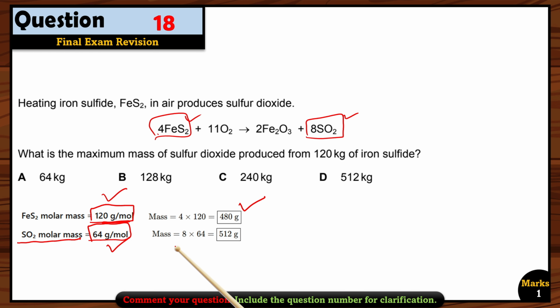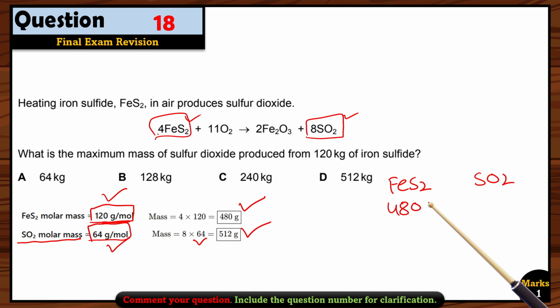And for SO2, 8 into 64 is your actual mass. Now you can cross them with each other and find the right answer. You have to write first FeS2 and then SO2, because this is your product. So FeS2, how much do we need? 480 gram.